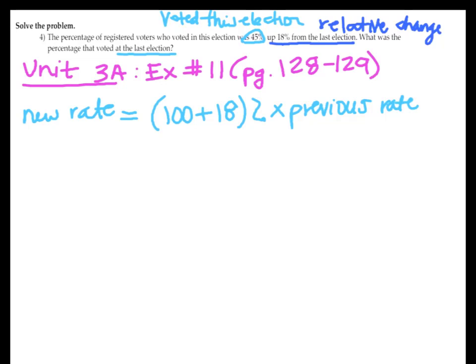And what we've done is added 18% because it says that it's up 18% from the last election. So we know that that's the relative change from the last election to the new election. So we can add it to 100%. And so we get that the new rate is equal to 118% times the previous rate.